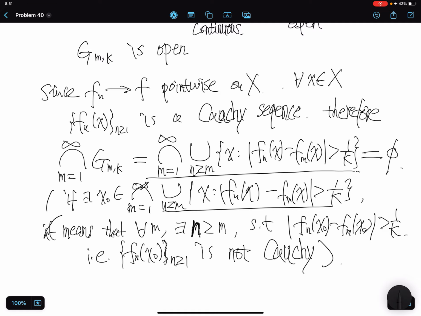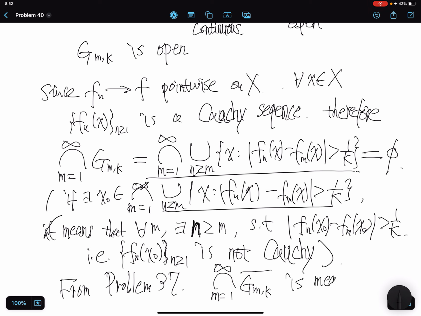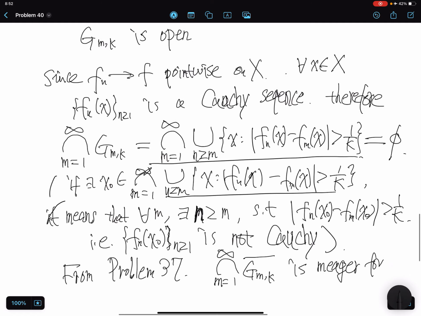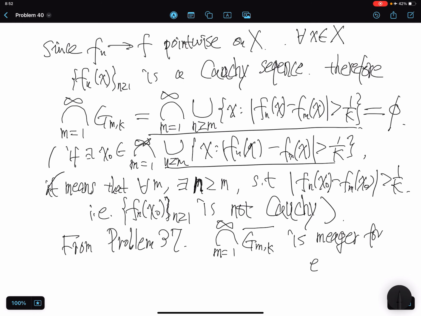Now if we recall from problem 37, the intersection over m from 1 to infinity of the closure of this open set is meager for each k, right? So this is meager from problem 37.